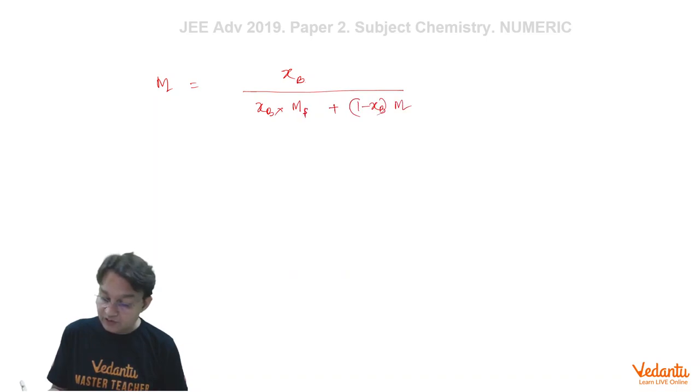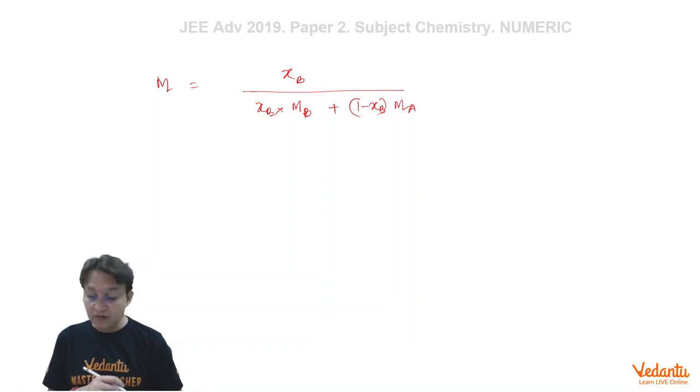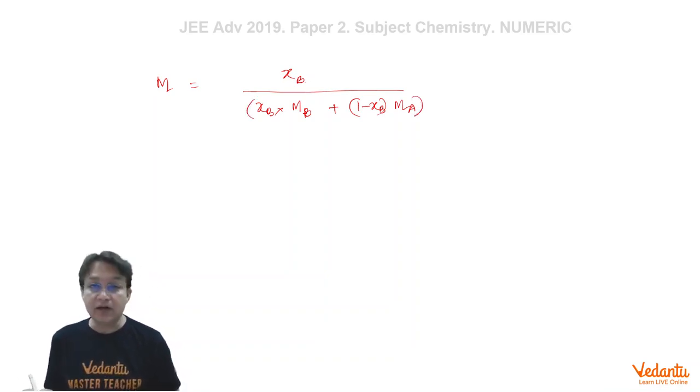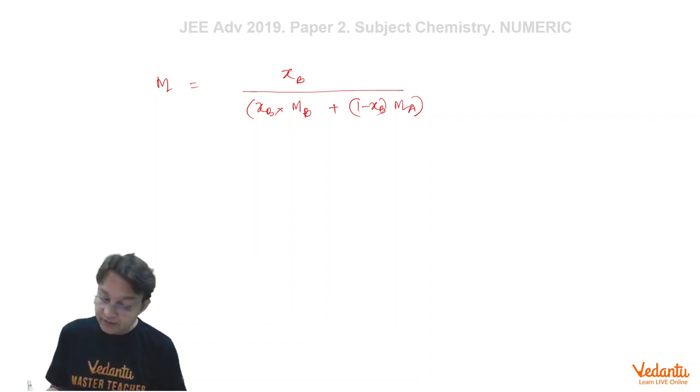Let's call the molecular mass of solute Mb and the molecular mass of solvent Ma. This quantity in the denominator is basically the mass of the solution, and then we have to divide it by density. That means let's multiply here by density in grams per cc and into 1000.